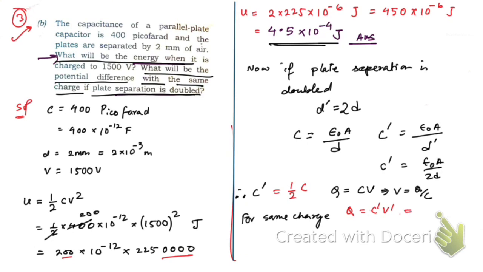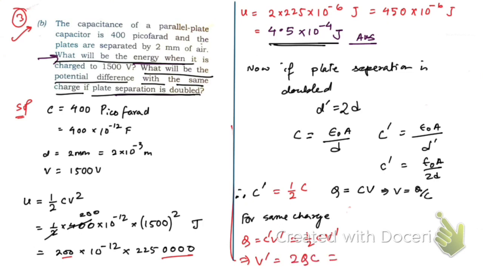So Q is equal to C dash V dash, and C dash is half of C. Let me keep V dash as V dash. So if you simplify this, then you're going to have V dash is equal to 2Q by C.